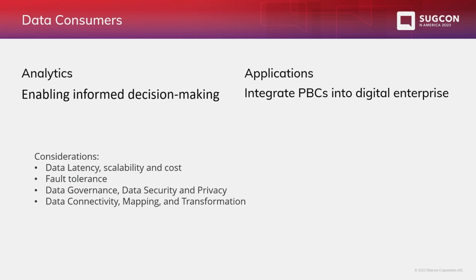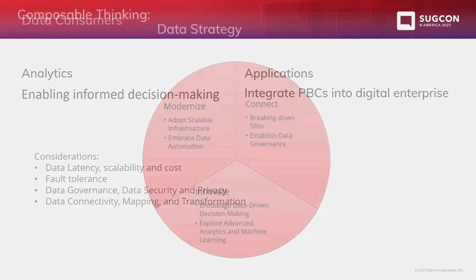We need to look at data governance, data security and privacy, and data lineage: where data is coming from, where data is going, who has access to our data. We need to look at data connectivity, mapping, and transformation. So data becomes a first-class citizen, and data really is one of the most important things after strategy that we need to address: data integration.